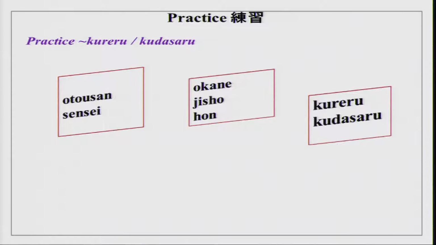For example, otou-san wa watashi ni hon o kuremashita. So, obviously, you can see when someone gives something to you, you place yourself, your position, lower, and thus kureru, and over here with kudasaru it is humble.